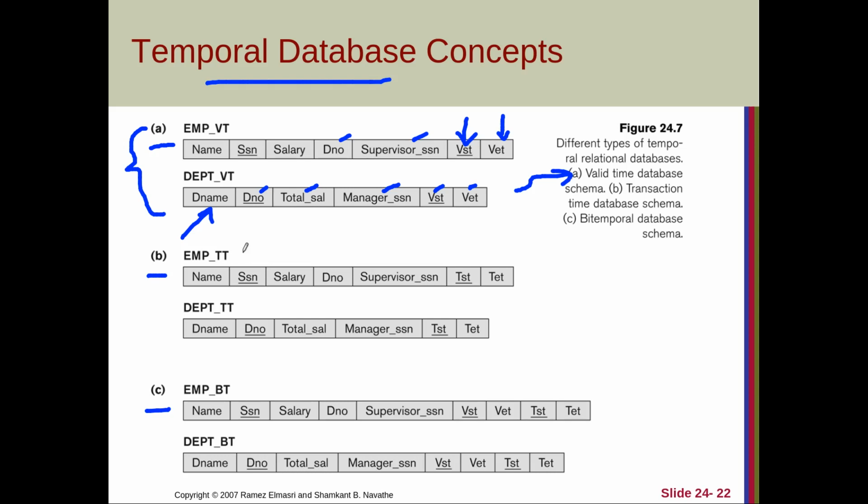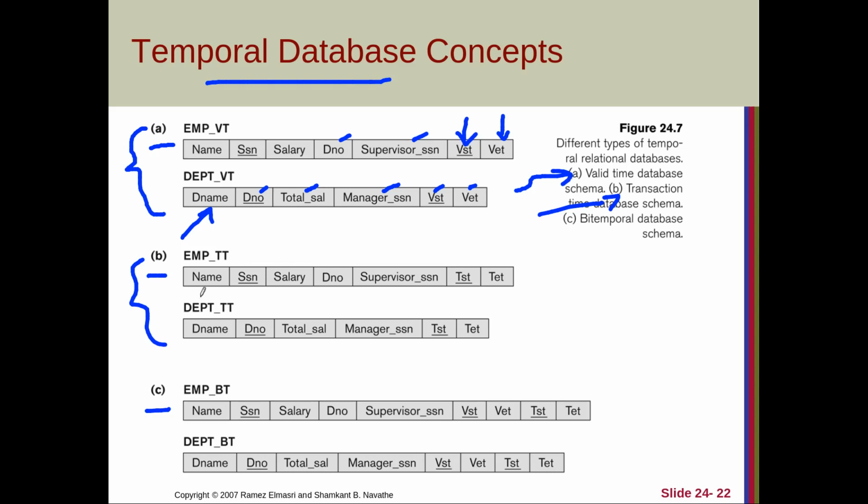Okay, now look into the second one, that is B. Again we are representing employee and department relation in transaction time database scheme. That is why the name is given as EMP_TT, transaction time relation, DEPARTMENT_TT, department transaction time relation.